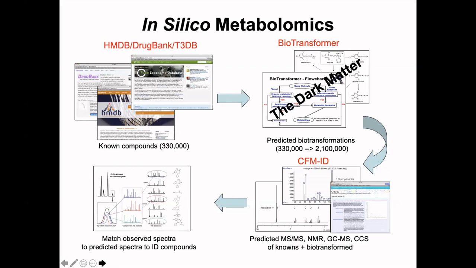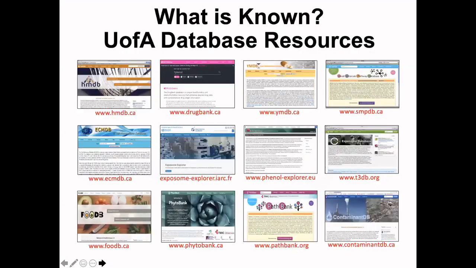So we take these in silico structures and we create in silico spectra. And then with these referential spectra, we can start looking at our observed experimental data and do those database matches. So that's the concept behind in silico metabolomics. It's to create those libraries using bioinformatics and cheminformatics.